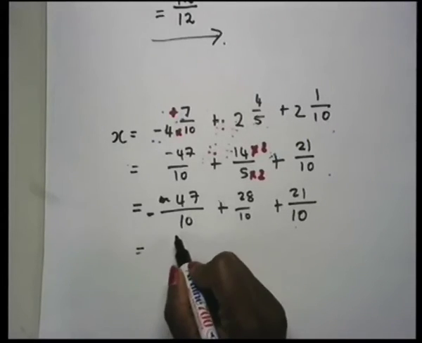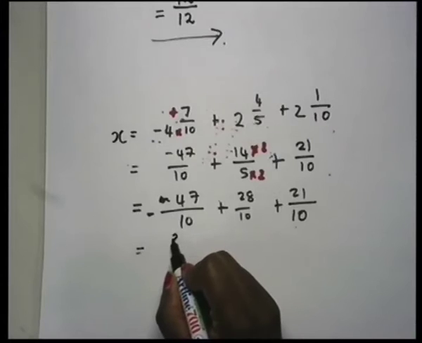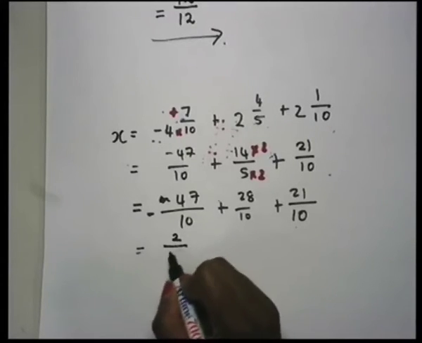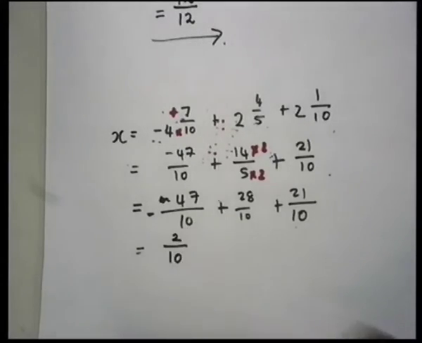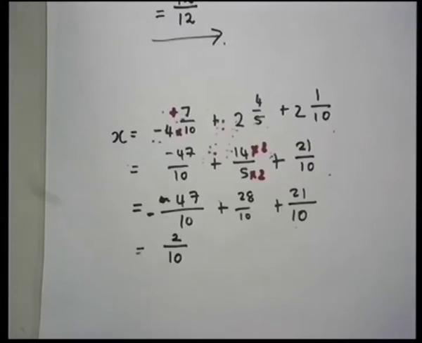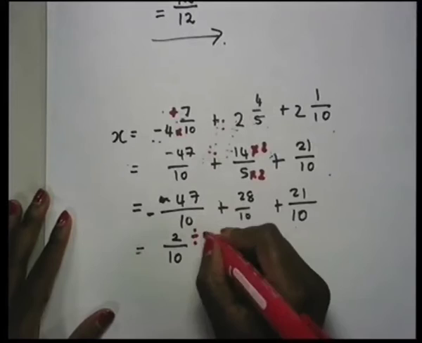we come to 2 over 10. However, this must be simplified even further, because it can be simplified further. In this case, we can divide 2 into 10 5 times. So we're going to simplify it by dividing by 5.